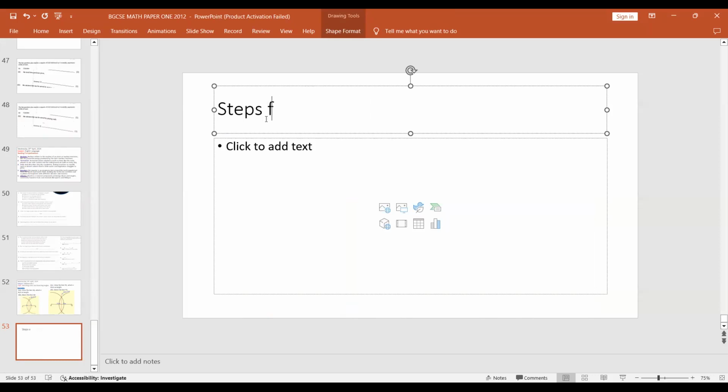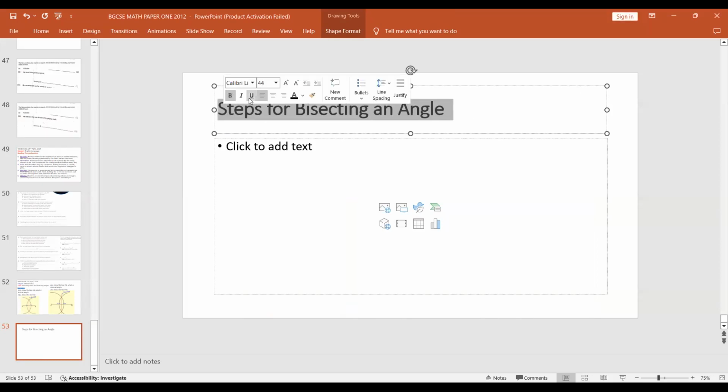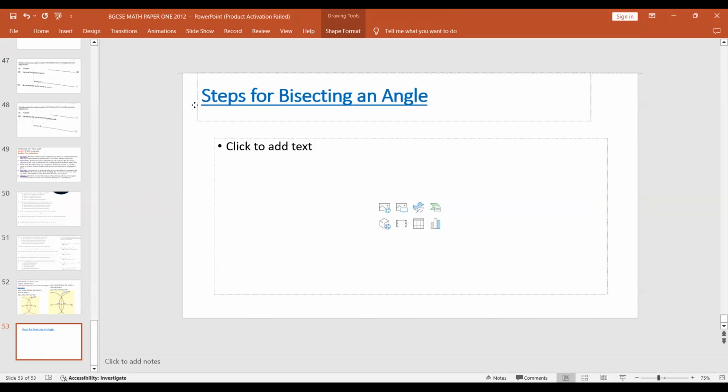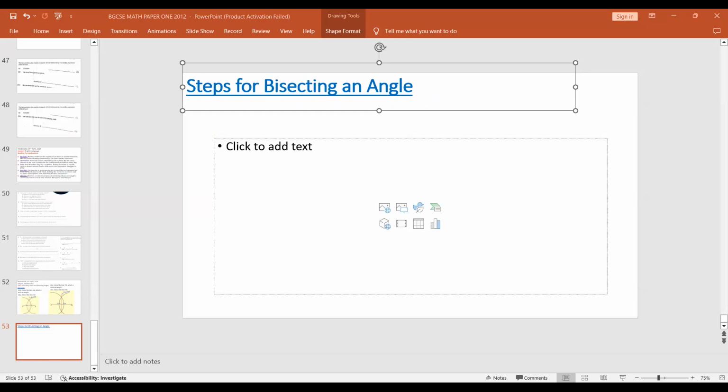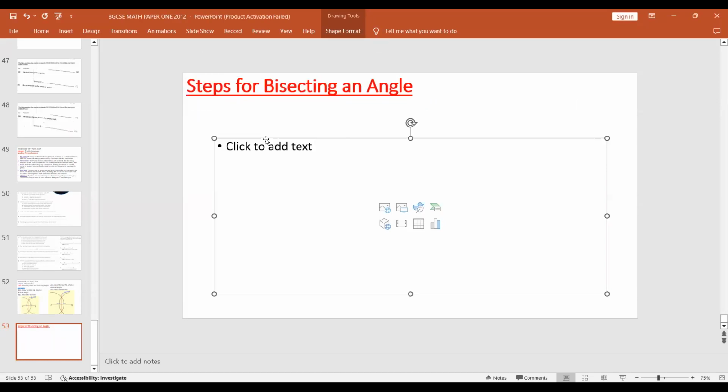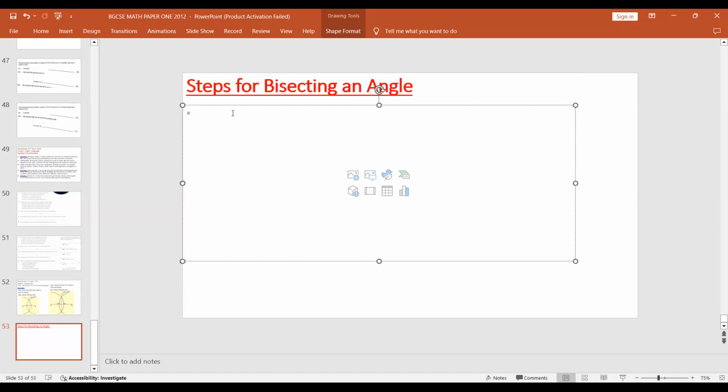Steps for bisecting an angle. Okay, now step number 1.